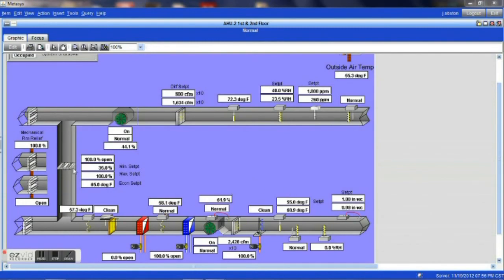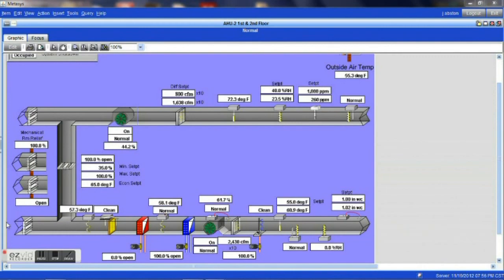Now, one of the things that you can look at here in your mixed air section, when a day is real warm, when it's real hot outside and we are using our chiller system, it is much more energy efficient to use the return air from the building that has already been cooled, and recirculate it through your air handler system back into the building.